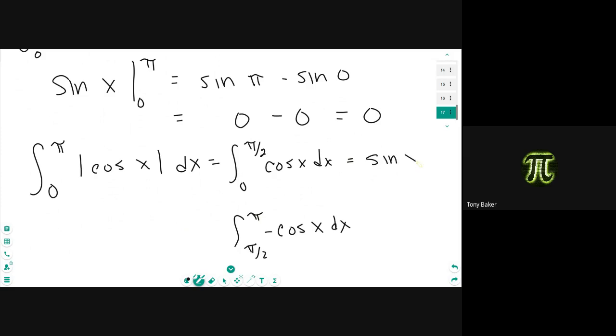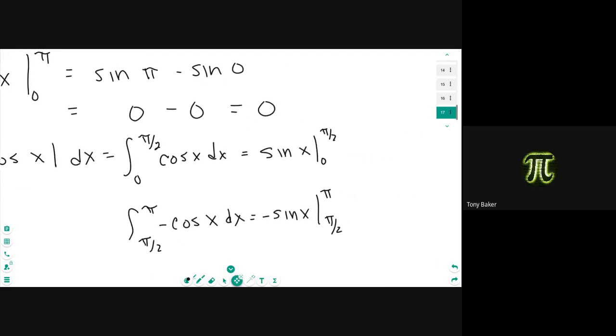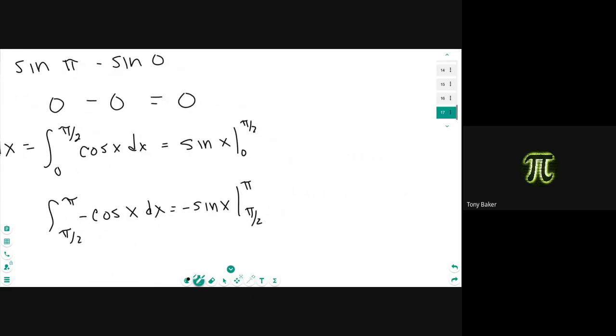So that would be sine of x from 0 to pi over 2. And this would be negative sine of x from pi over 2 to pi. So I have sine of pi over 2 minus sine of 0.